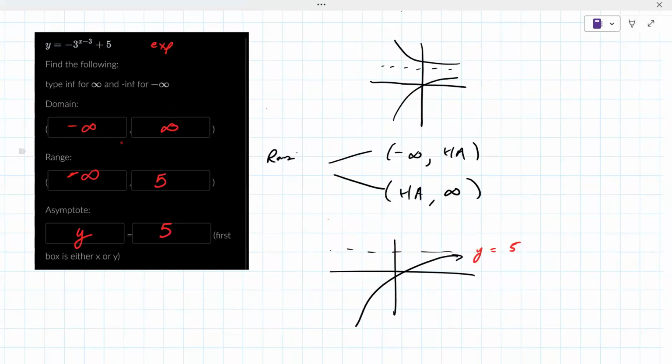So you can see there's some similarities there, things that you can reuse. The range and the horizontal asymptote are very much related. When we do a logarithmic problem, the domain and the vertical asymptote will be very much related.